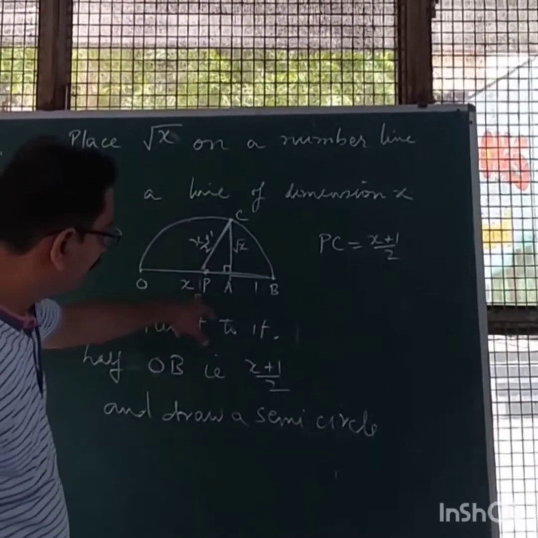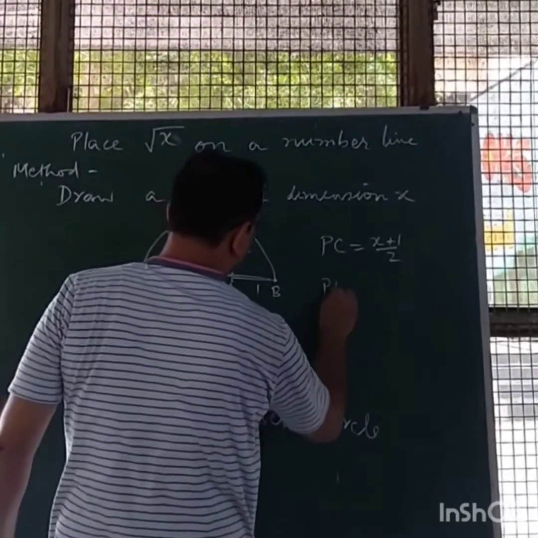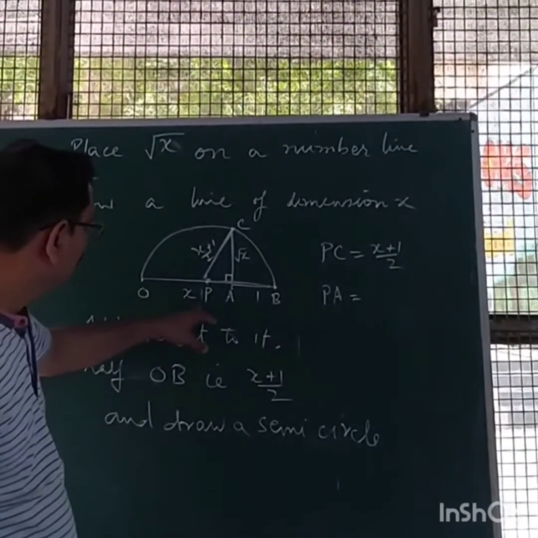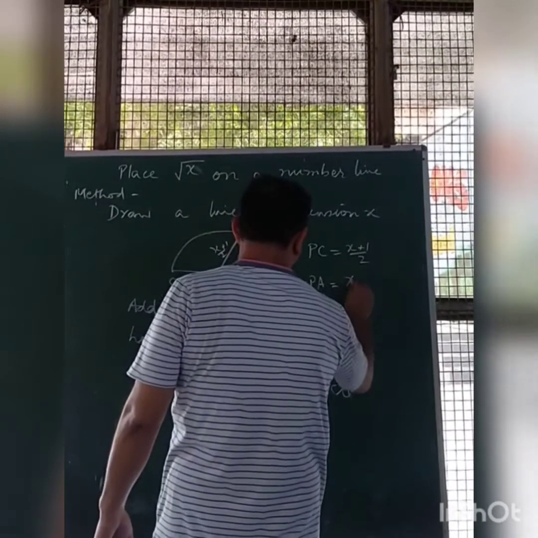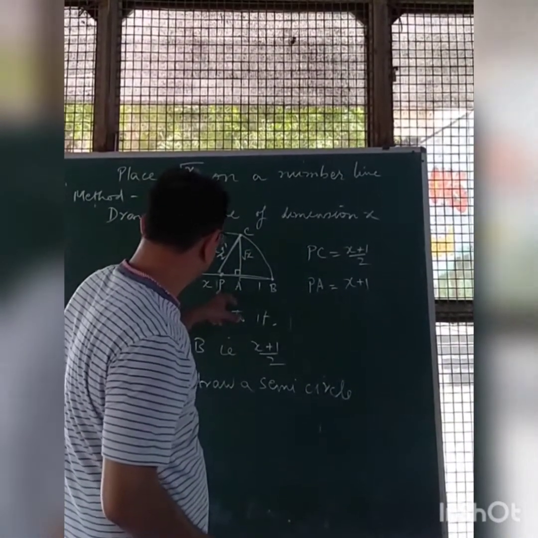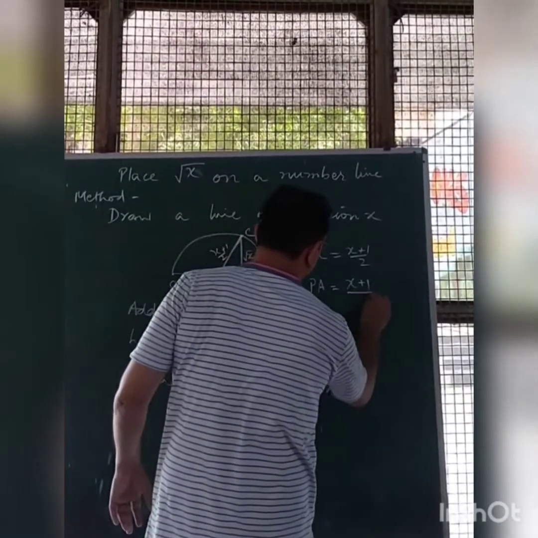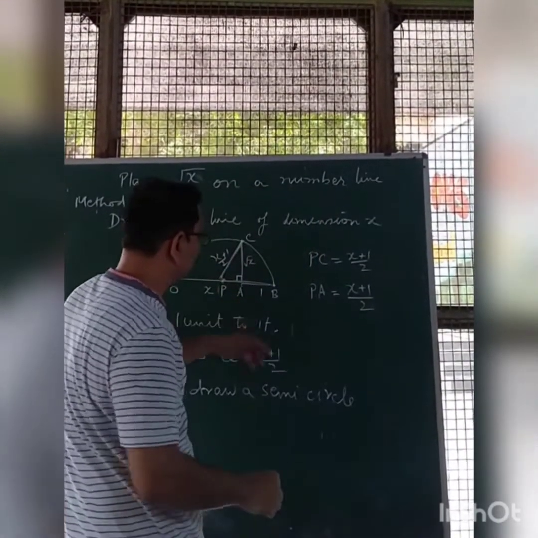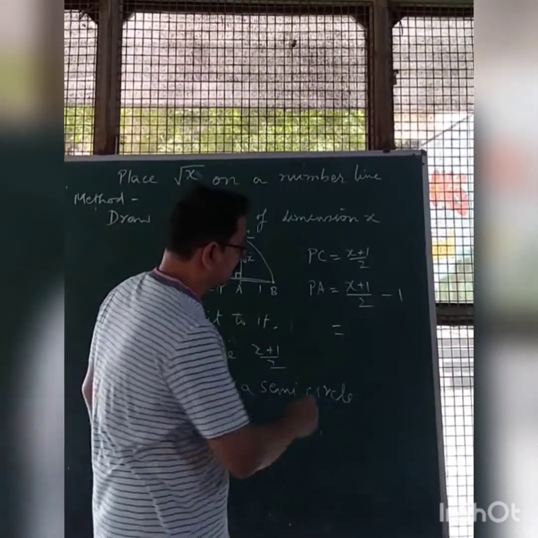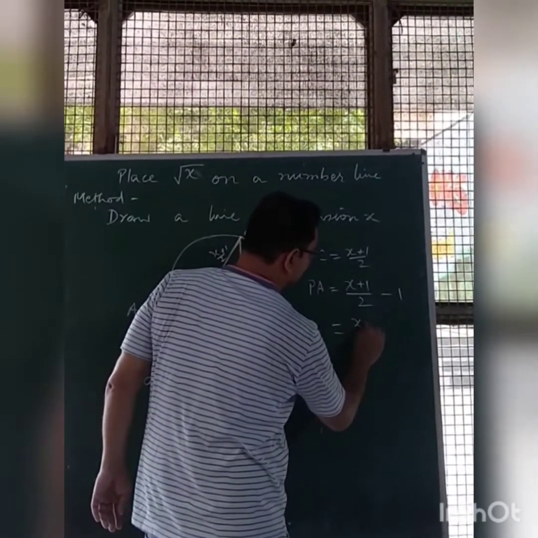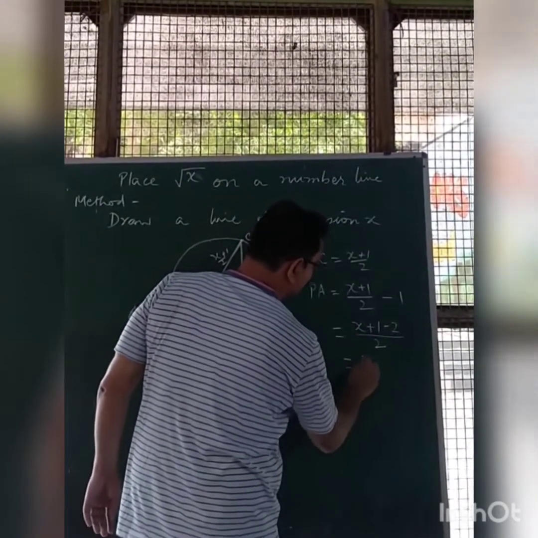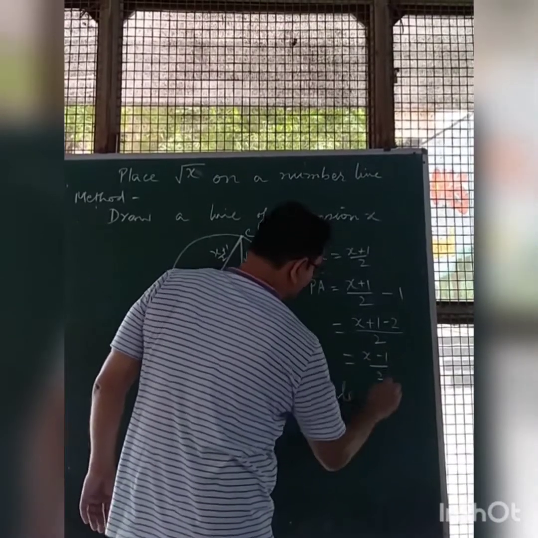And what is PA? PA is equal to x plus 1 by 2 minus 1, which is x plus 1 minus 2 upon 2, x minus 1 upon 2.